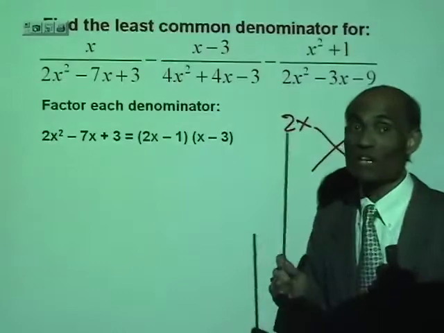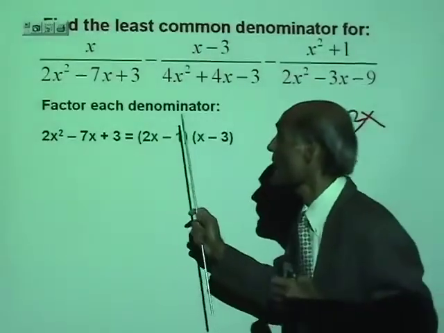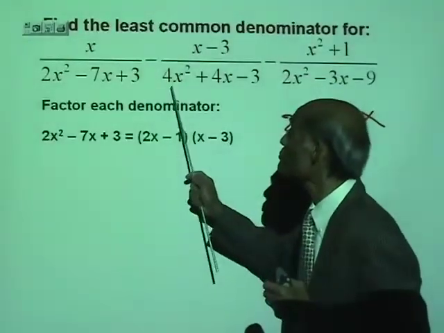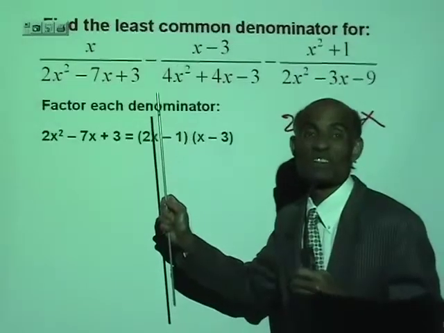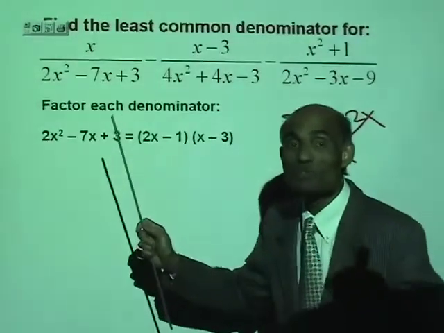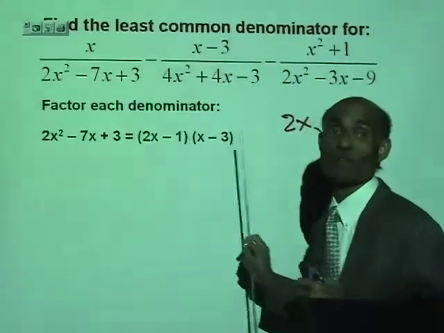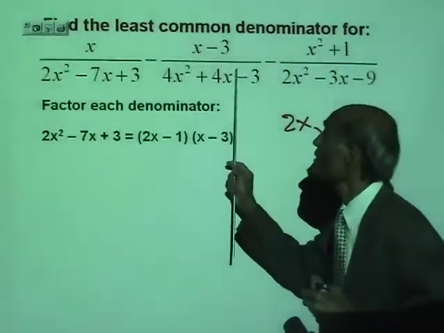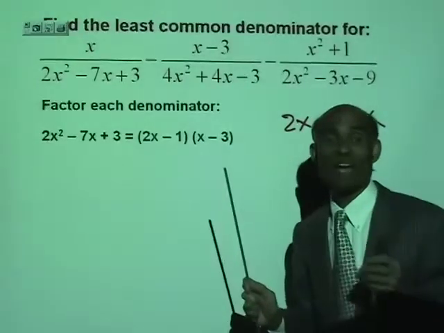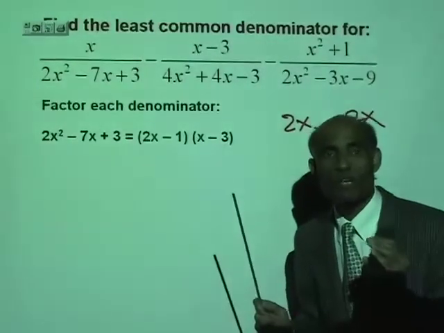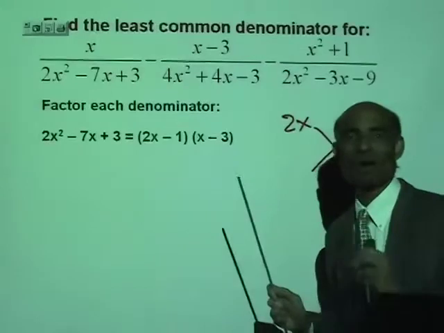Again, listen to what I said here. I said 3 times 2 is 6. 6 minus 2 is 4. I need to produce a positive 4. That means I need to factor this negative 3 as a positive 3 times a negative 1.